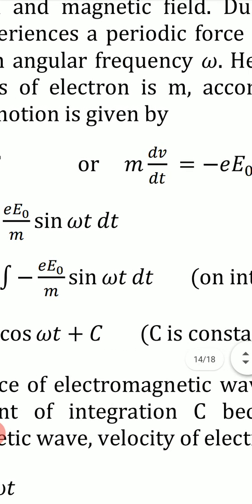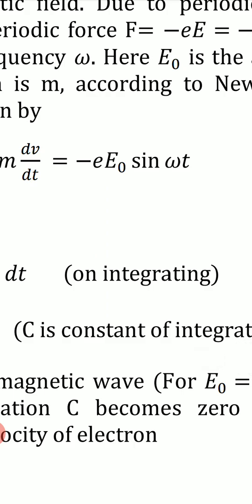So m dv upon dt will be equal to minus eE0 sin omega t, which is the force acting on electron due to this oscillating electric field.